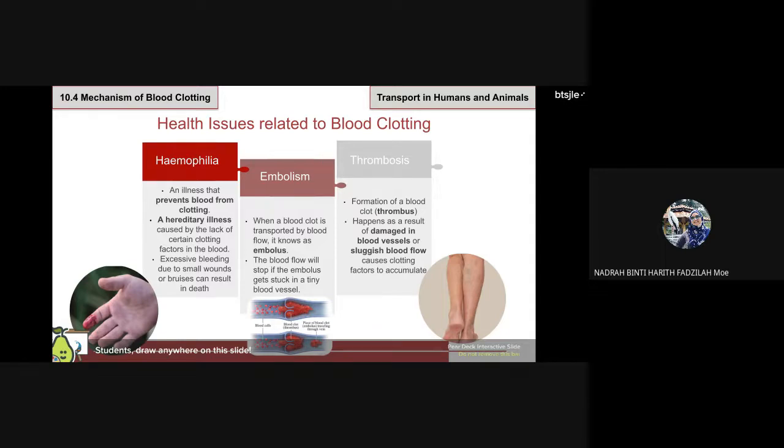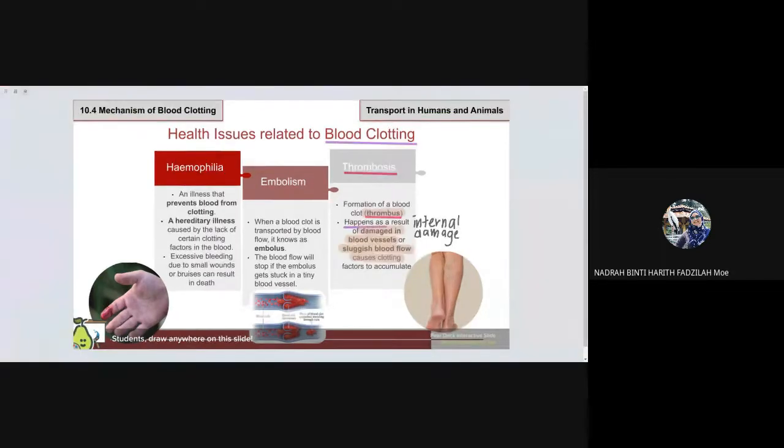Tapi blood flow yang slow, yang sluggish also can cause the clotting factors to accumulate and causing the formation of blood clot. Okay, so bila darah tu bergerak slow, dia akan menyebabkan clotting factors tu accumulate inside that particular area of blood vessel, menyebabkan ada formation of thrombus atau blood clot. So itu proses dia thrombosis, blood clot tu kita panggil thrombus.